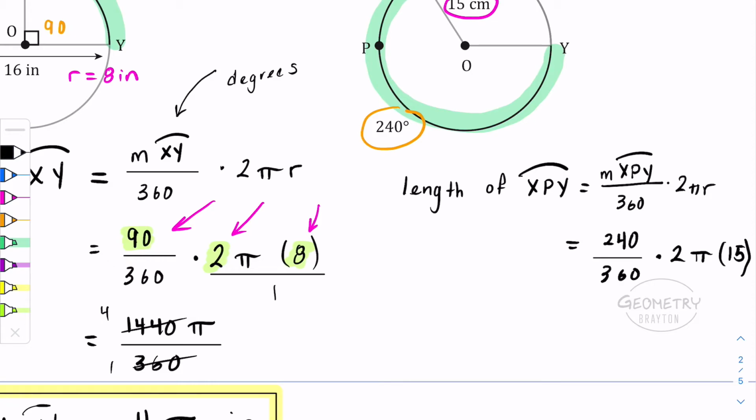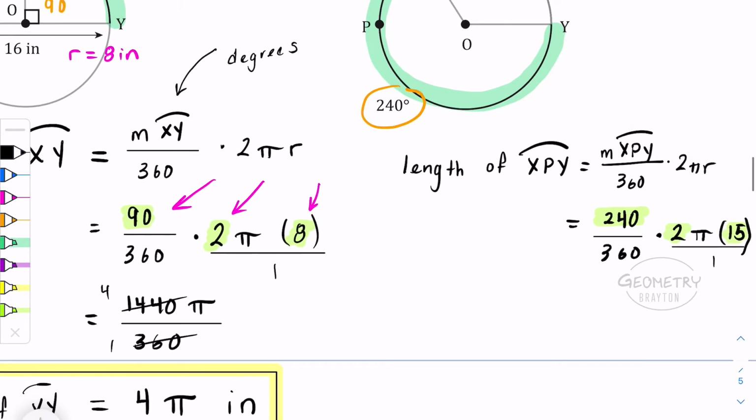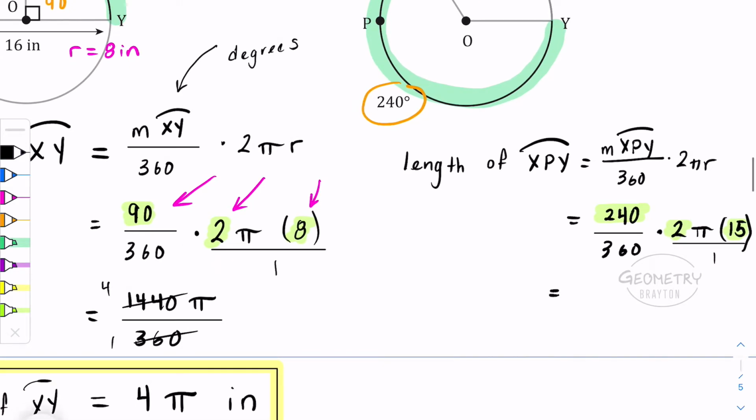I'm going to imagine that my second expression is over 1, and I'm going to multiply in my numerator all of my whole numbers, my integer values. 240 times 2 times 15 is going to give us 7,200 times pi divided by 360.